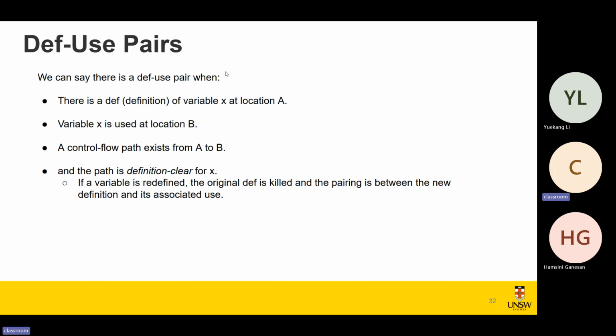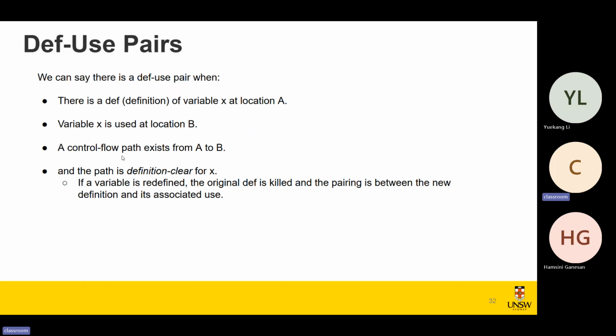By considering the definitions and usages, we can build def-use pairs for variables. We can say there is a def-use pair whenever all these conditions are satisfied. First, there needs to be a definition of x at a certain location. Then this variable x must be used somewhere else. Because we want def-use pairs, we definitely have to have a definition and a use, and these are kind of by default.